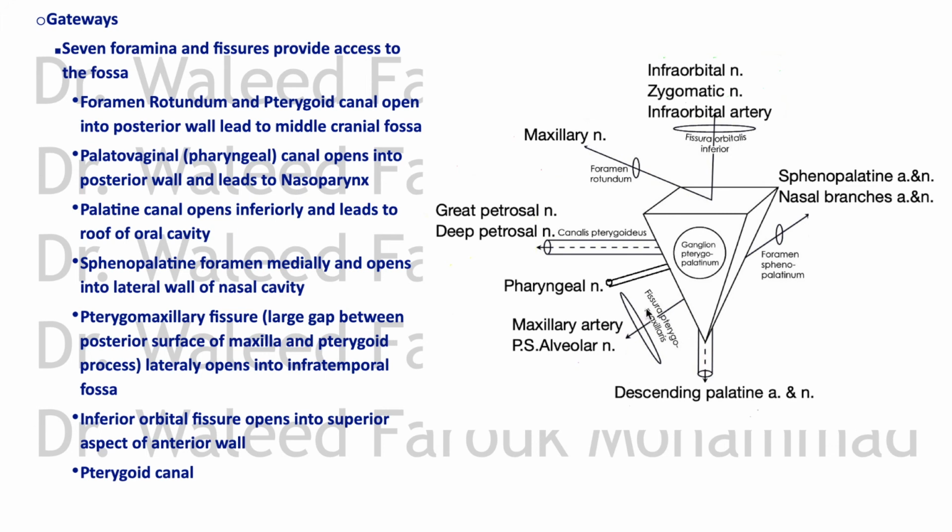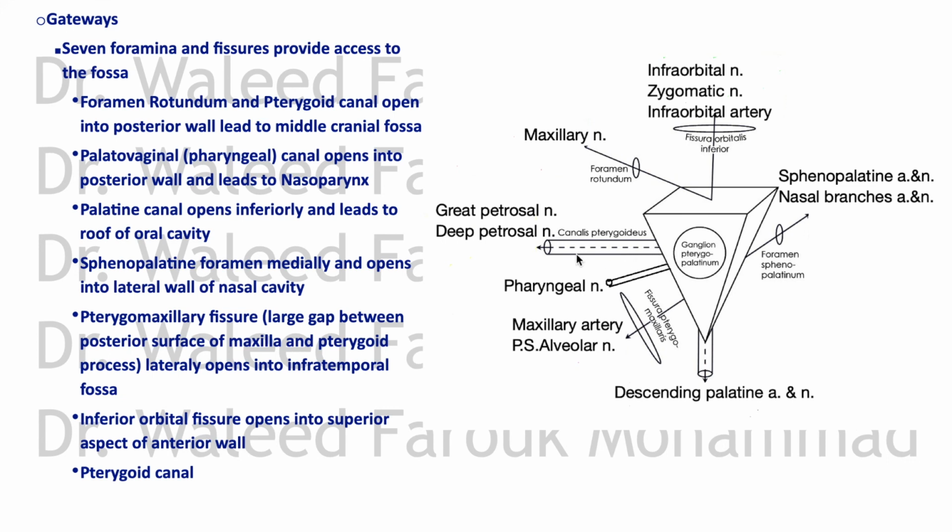Okay, now posteriorly, there's a canal called the palatovaginal canal or the pharyngeal canal. The pharyngeal canal contains the pharyngeal nerve and pharyngeal artery from the third part of the maxillary.